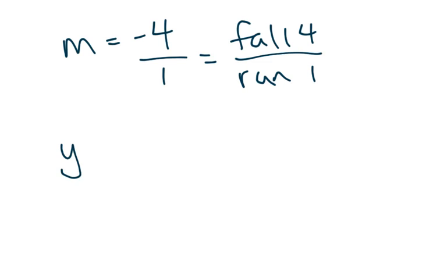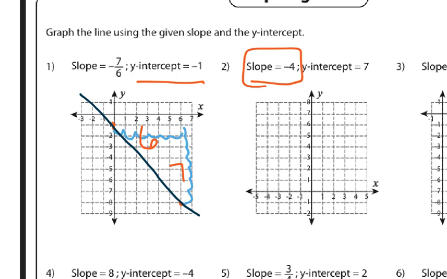And the y-intercept was 7. So that means it's going to cross over the y-axis at 7. So that's our first point. And to create a line, we only need 2 points.